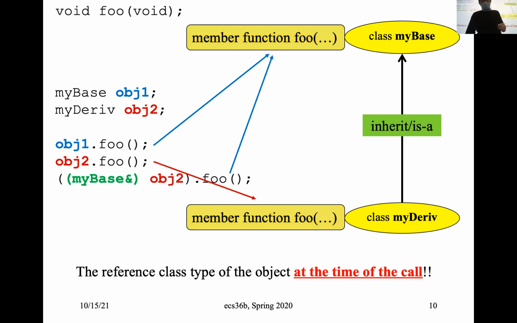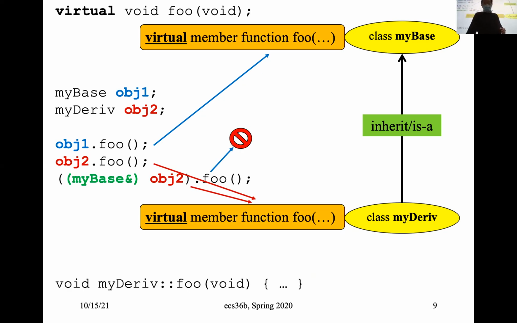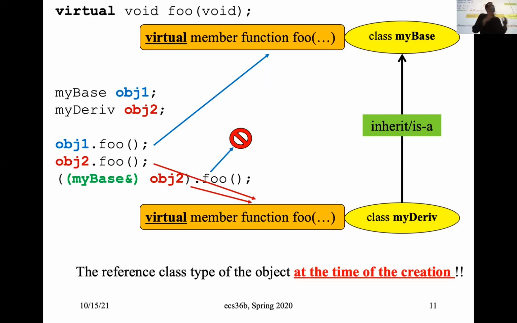In contrast to this one, at the time of the call, the compiler has no problem doing that. For this one, the compiler doesn't necessarily know what class that particular reference is.